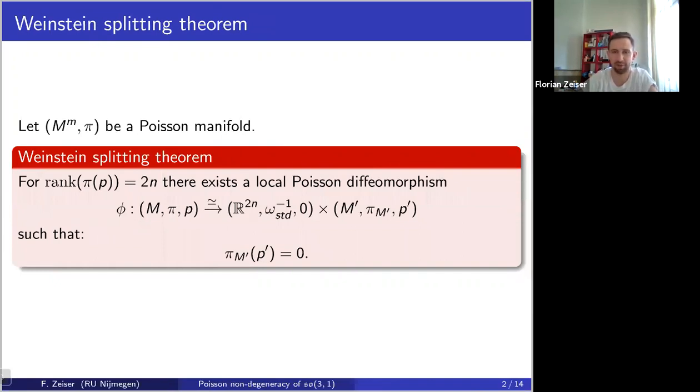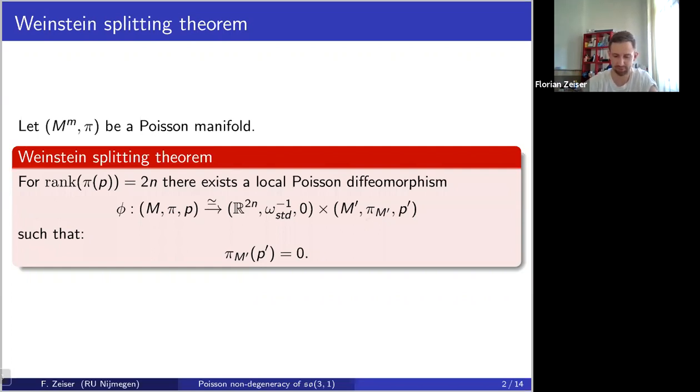The theorem says that locally around that point, we can identify the manifold with a neighborhood of the origin in the standard symplectic space times another Poisson manifold, such that the Poisson structure π_M' on this manifold is 0 at the point where p is mapped to. So it reduces the study of normal forms around the point to the study of normal forms of Poisson structures which vanish at the point.